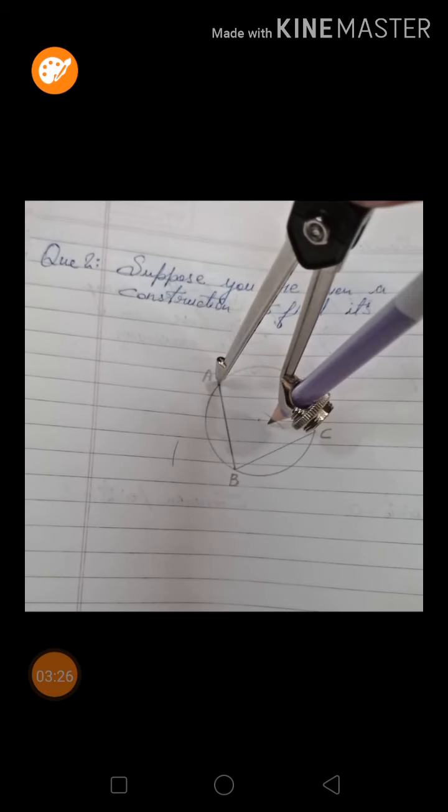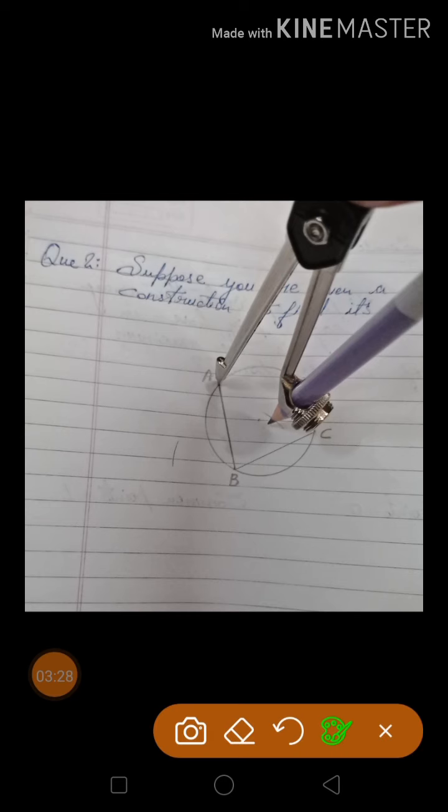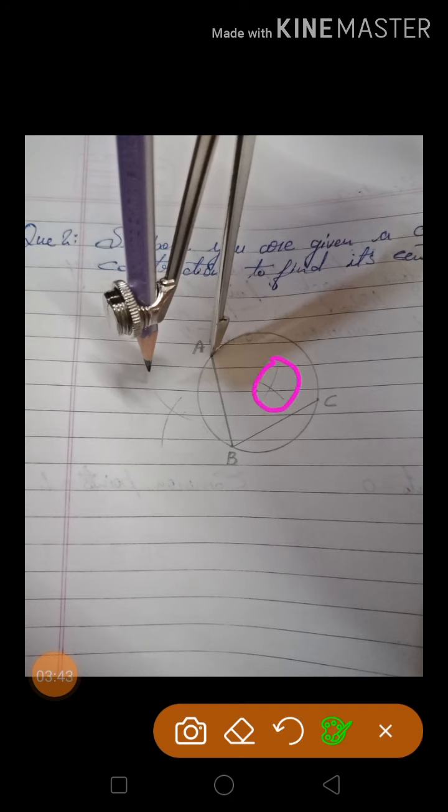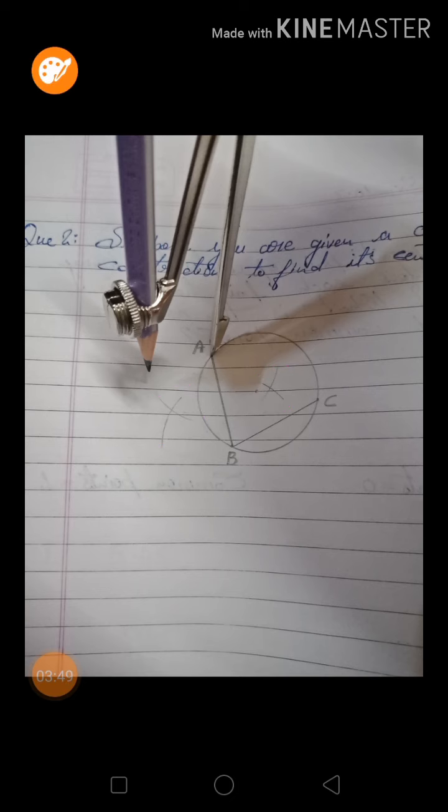Then in the same way from point A also we shall draw two arcs, one upside and one downside. They will intersect the previous arcs. Then you can see at these 2 points these arcs are intersecting each other. Now we shall join these points of intersection in this way.